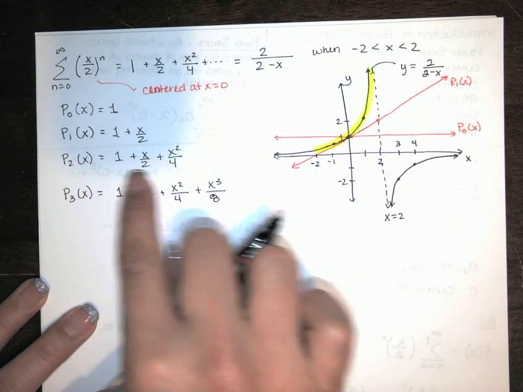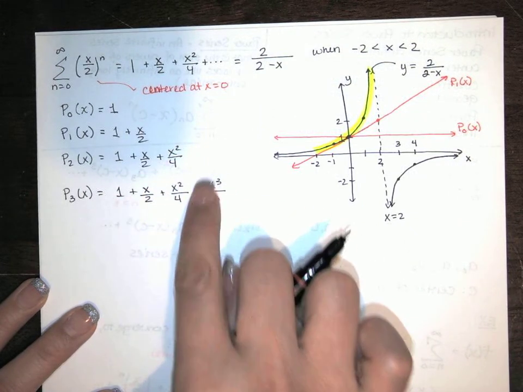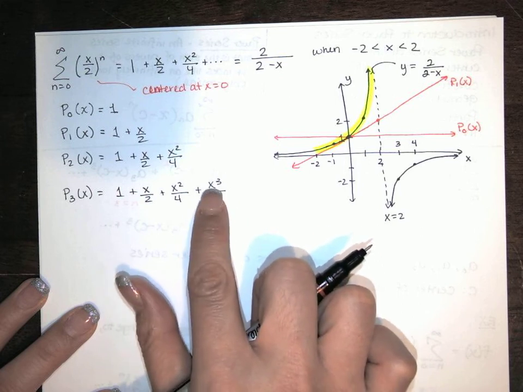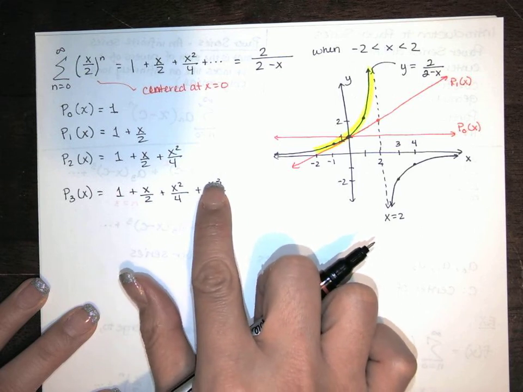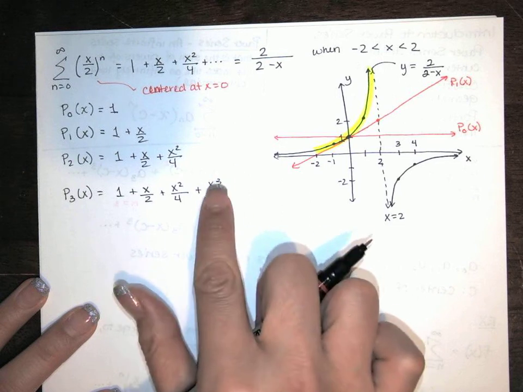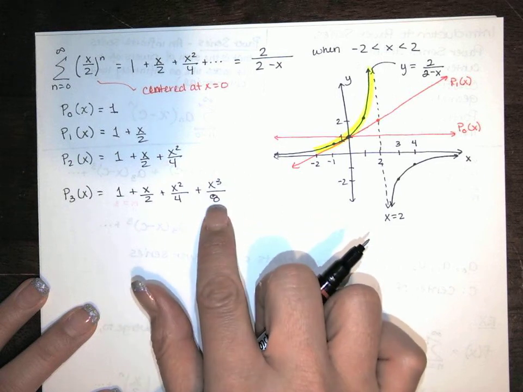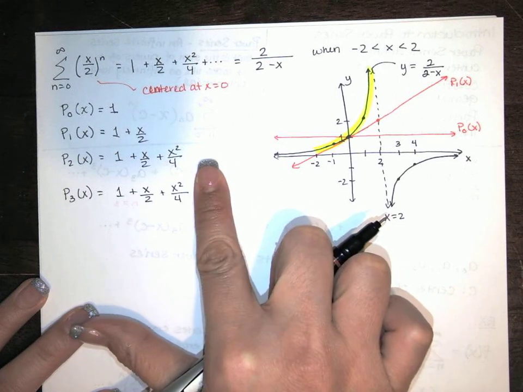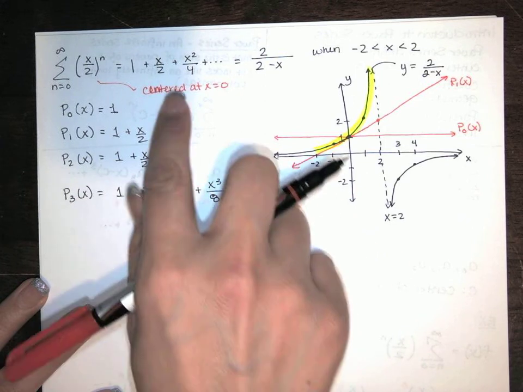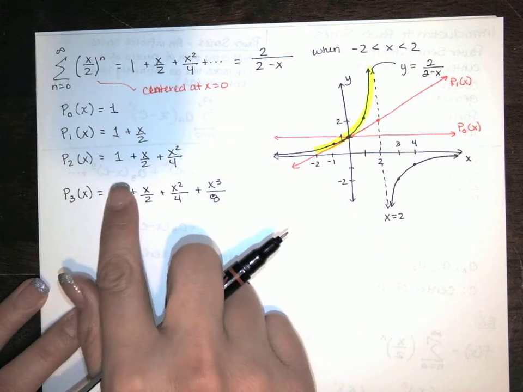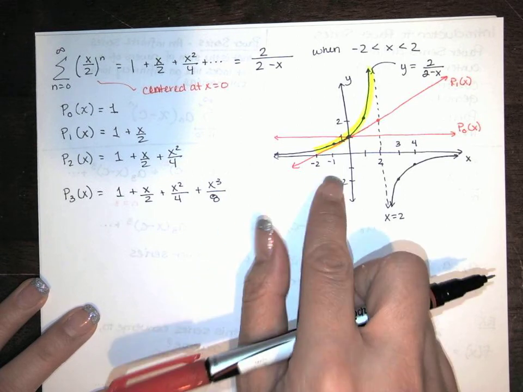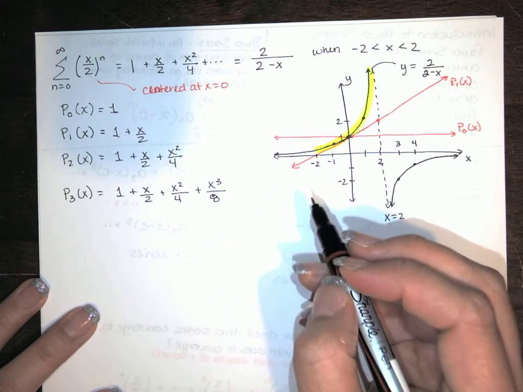So this might be a better approximation of the function, but leaving this off isn't leaving off much as long as we're close to 0, because something close to 0 raised to a larger power is going to be really, really close to 0, because we're taking a fraction and raising it to a power. So this guy is gone, basically. So this is an even better approximation than the last one was. It's a parabola approximating the function. I tried to draw this to scale, may or may not have worked out.